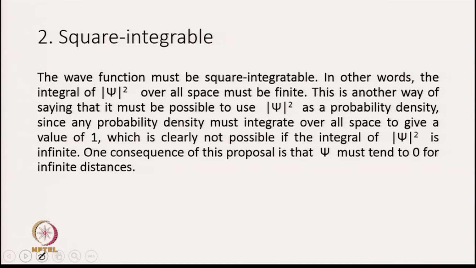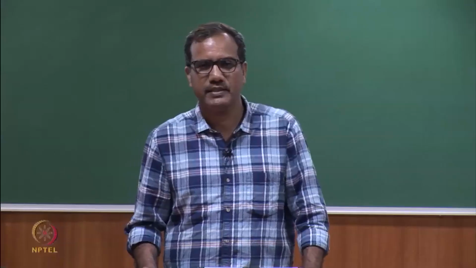It is also logically valid, because what we are saying is that the probability density must integrate over all space to give a value of 1, which is not possible if the integral of psi square is infinite. And this also gives one very important consequence, that psi must tend to 0 at infinite distance.